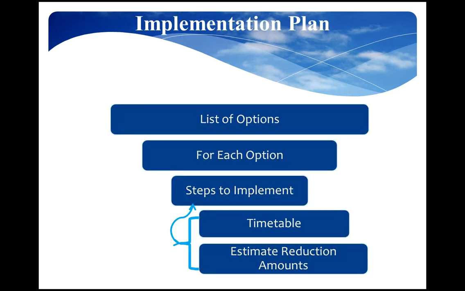If a facility determines that a reduction option is feasible, both technically and economically, you're then required to generate an implementation plan if you're going to actually implement it. And so for each reduction option that you're going to implement, you have to generate a timetable for implementation and estimate the amounts that will be reduced by that reduction option.